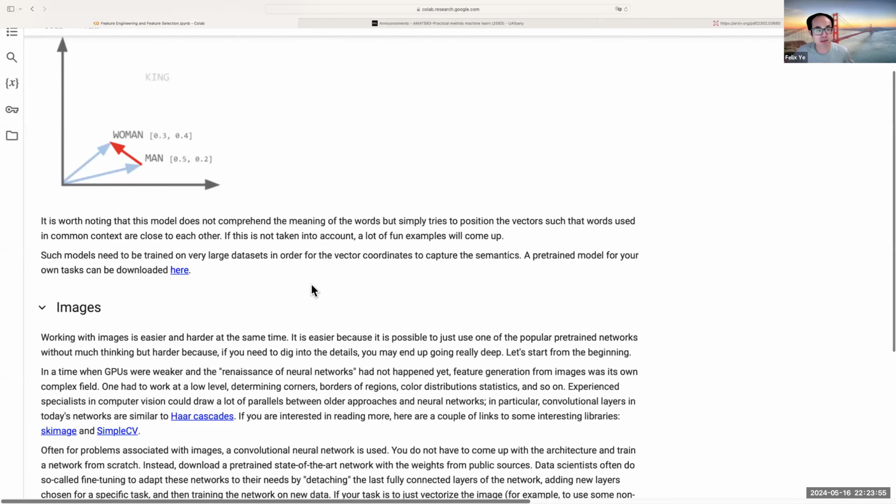Of course, word to vector is trained on a very large data set in order to fully capture the semantics in the vector coordinates. But usually we use pre-trained models, and we are not training these word to vectors by ourselves.